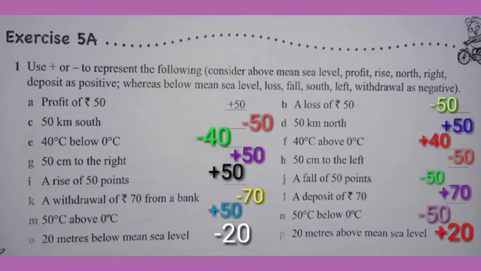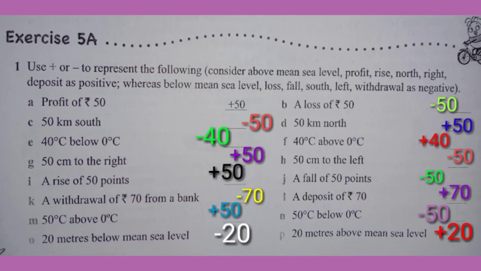Exercise 5A, question number 1. Use plus or minus to represent the following. Consider above mean sea level, profit, rise, north, right, deposit as positive, whereas below mean sea level, loss, fall, south, left, withdrawal as negative. Part A, profit rupees 50 which equals plus 50.